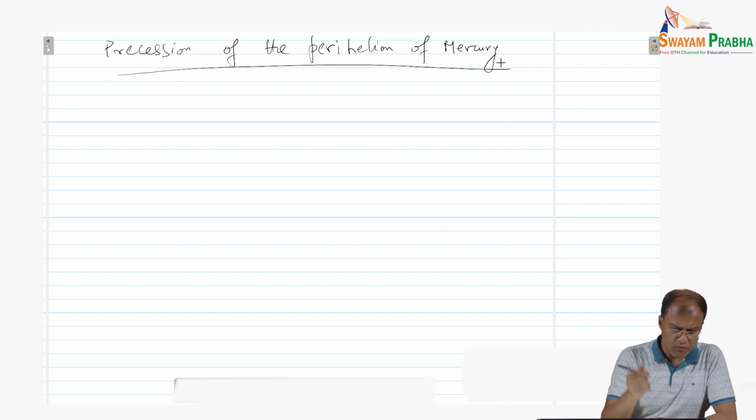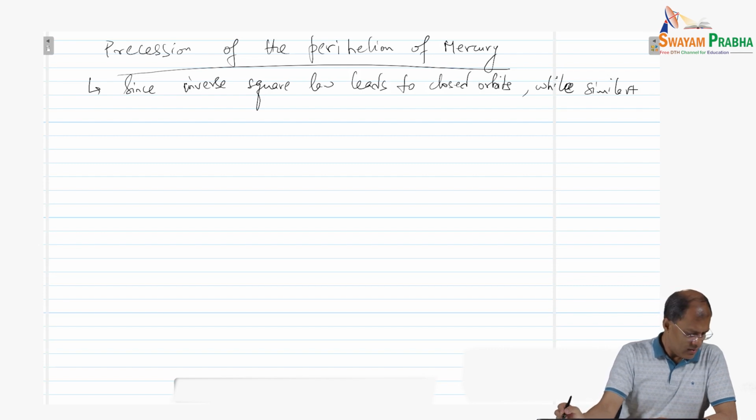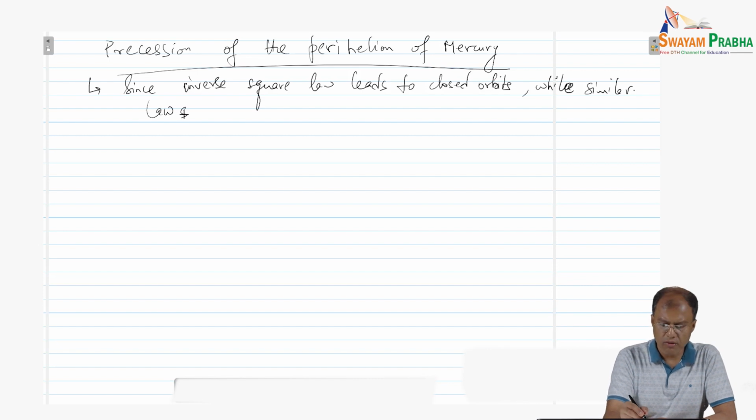Since the inverse square law leads to a closed orbit, while similar laws do not, I am just stating Bertrand's theorem.